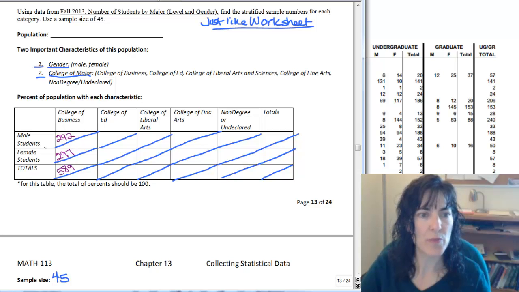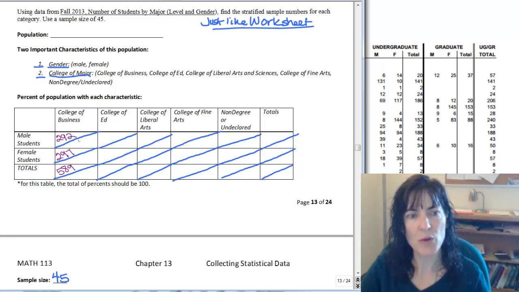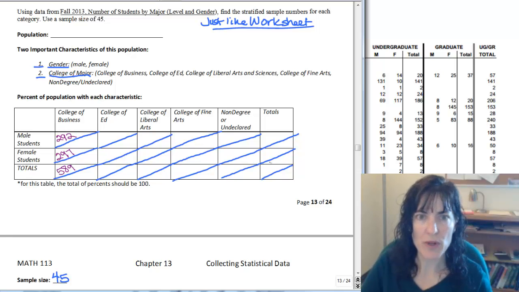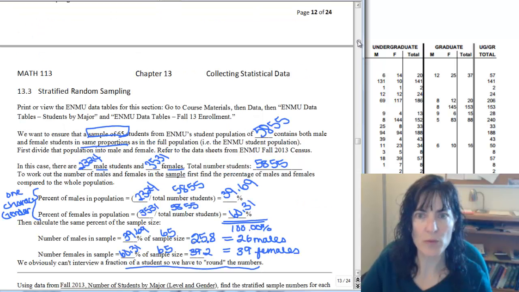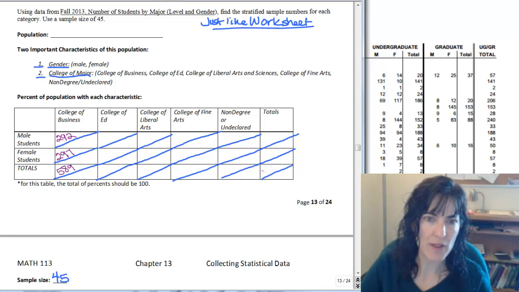And so now what I'm thinking about here is I want to know the percent, like what percent out of all my students are College of Business males. So I sort of need to think about the total, and we have 55 students, so I'm going to write that down here, 55 all together, and that's 100%.